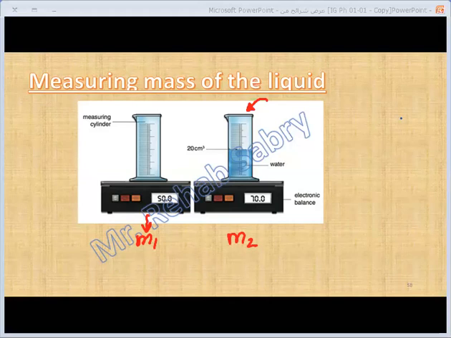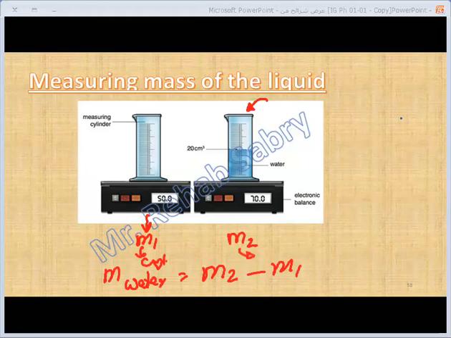So if I want to find the mass of water, it will be M2 minus M1. M1 is the cylinder only. M2 is the cylinder and water together. You got the idea?